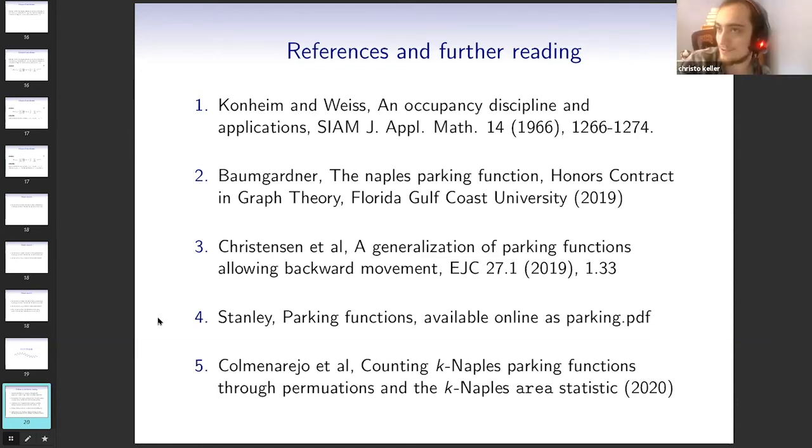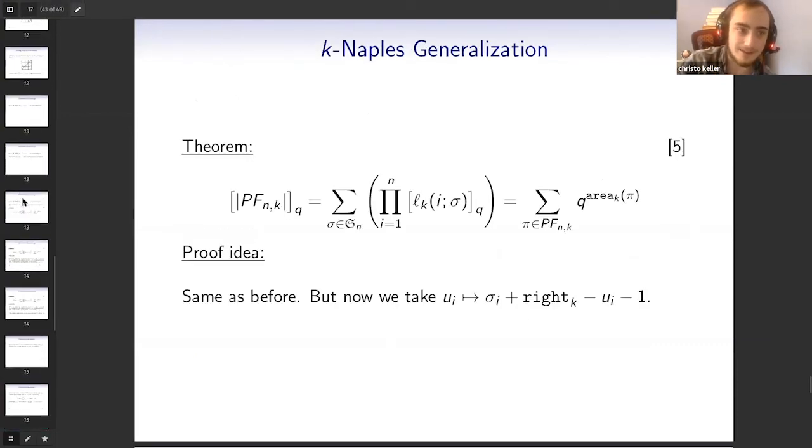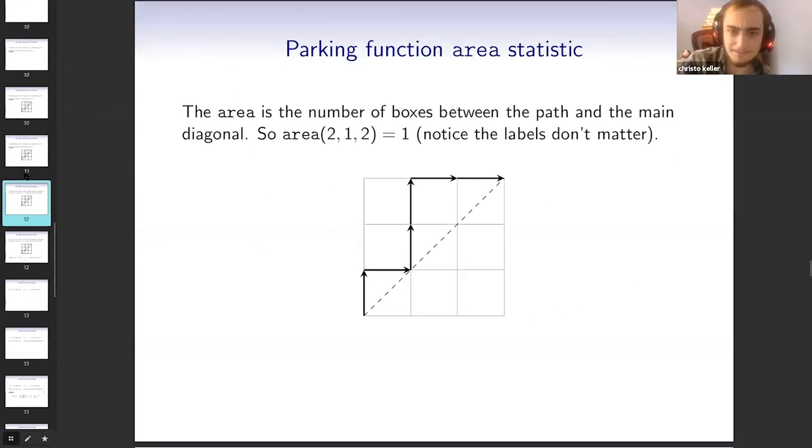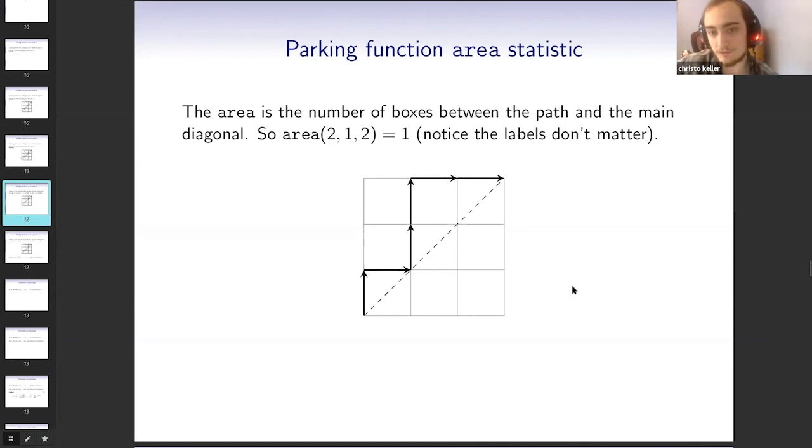Yeah, so the increasing, or you could say decreasing equivalently, k-Naples, you can make a bijection with the Dyck paths again. It won't be a Dyck path exactly, but it'll be a lattice path that doesn't go more than k past the line. So in other words, you can think that the line is moved over k.